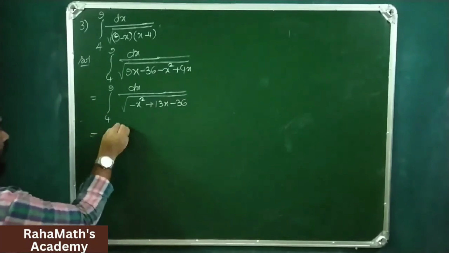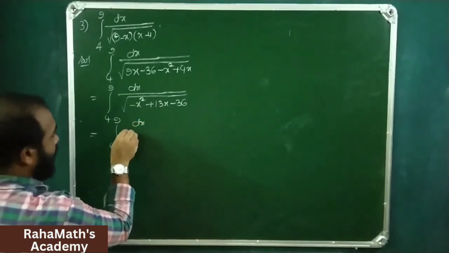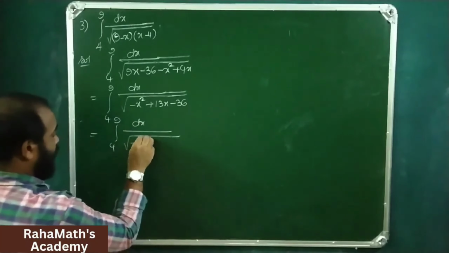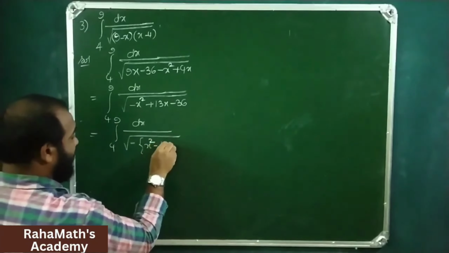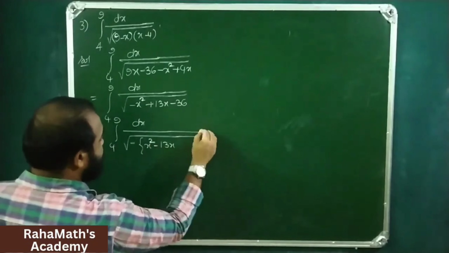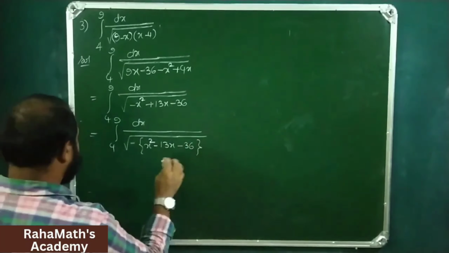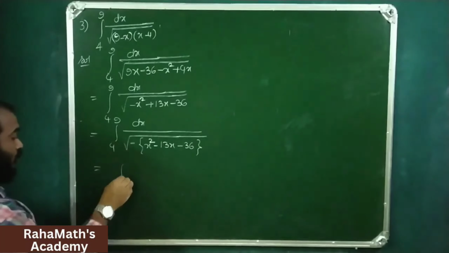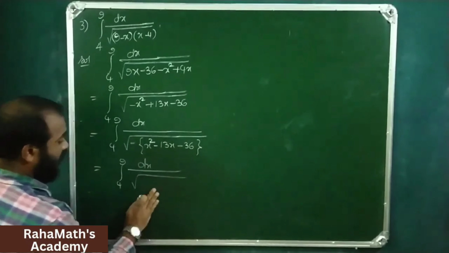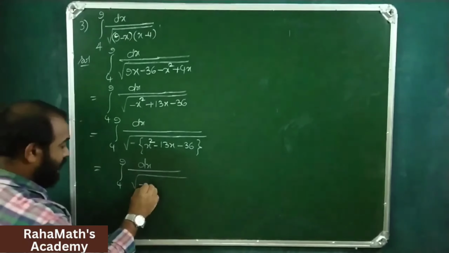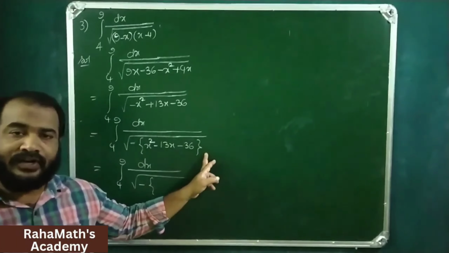This is equal to integral 4 to 9 dx by square root of, take minus in common, so x square minus 13x minus 36 dx. So this is equal to 4 to 9 dx by square root of minus, so a minus b whole square we need to convert.